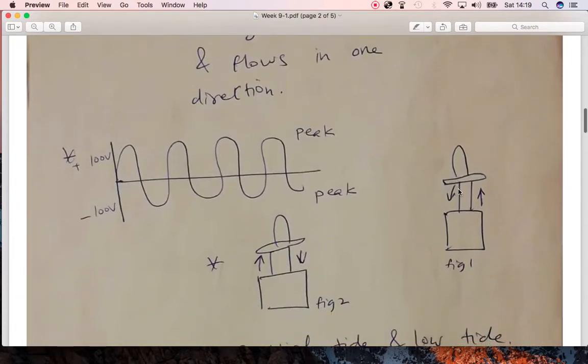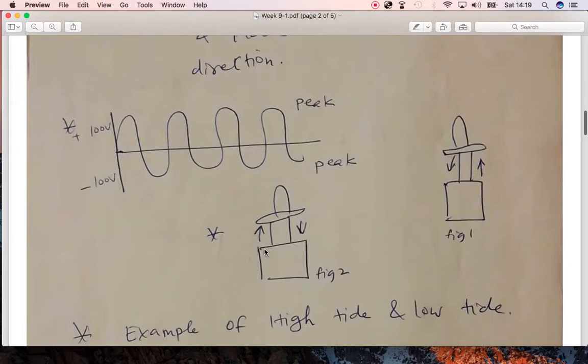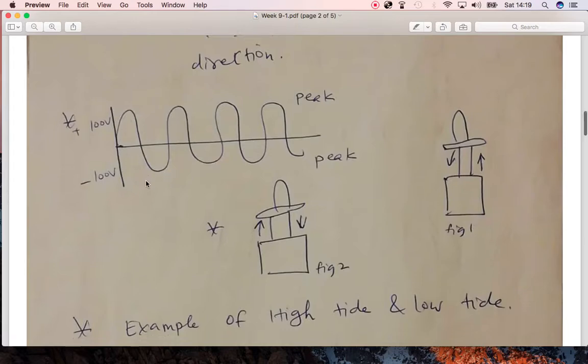And then we can see the example of the AC power. If the same bulb is attached to an AC power source, then the power will flow in two directions. For one half cycle it will be flowing from here to there, and for the other half cycle it will be flowing from the other direction. So it can be a kind of waveform which tells us about that AC power, where we have half cycles, half positive, half negative, and normally the AC power is of 50 to 60 hertz with 220 volts supply.